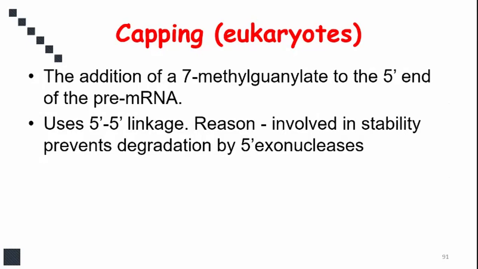Then it uses this 5' link. The reason involves instability, preventing degradation by 5' exonuclease enzyme. This is very important for us to appreciate. I don't know whether you will remember this: 7-methyl-guanylyl acid is one of the modified RNA bases we saw in our last class.